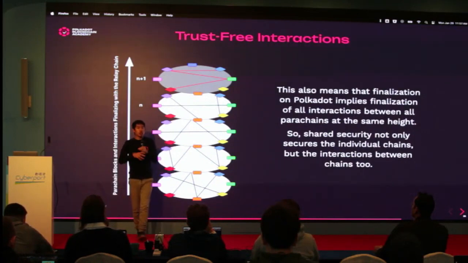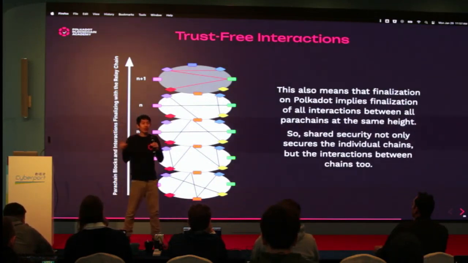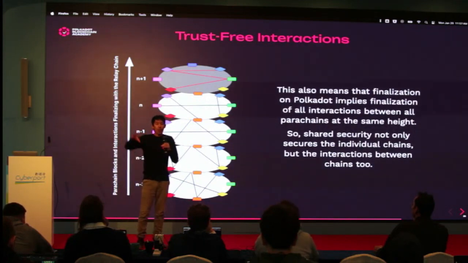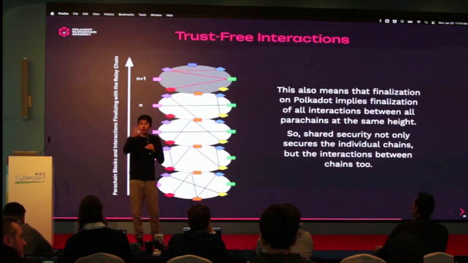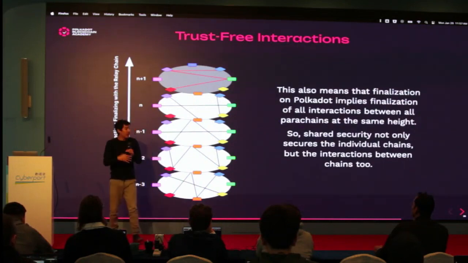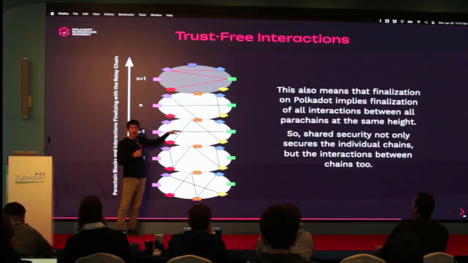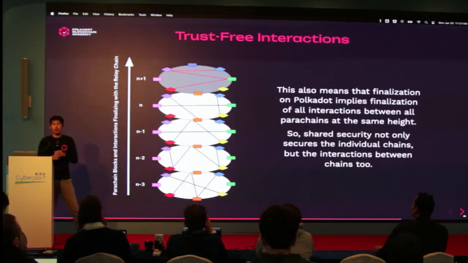Unlike a bridge where you have two separate chains with their own consensus, with their own finality, and some kind of soft bridge connecting them, if one of these chains rolls back finality or consensus, then you leave the other chain stranded. We actually don't allow these bridges to be a third-party actor. They are a first-party actor in our system. Parachains and the way that they interact are finalized along with the relay chain block. All of it happens together. This is security for interactions as well.